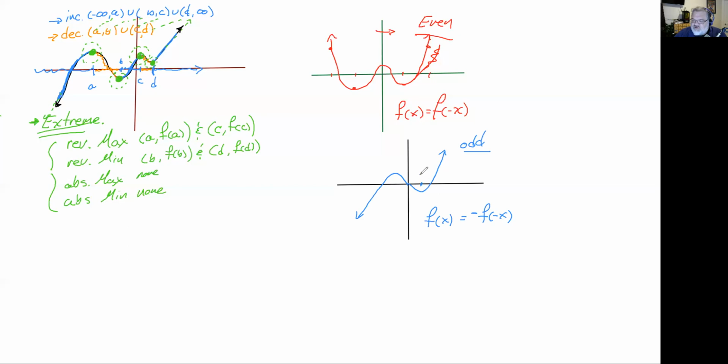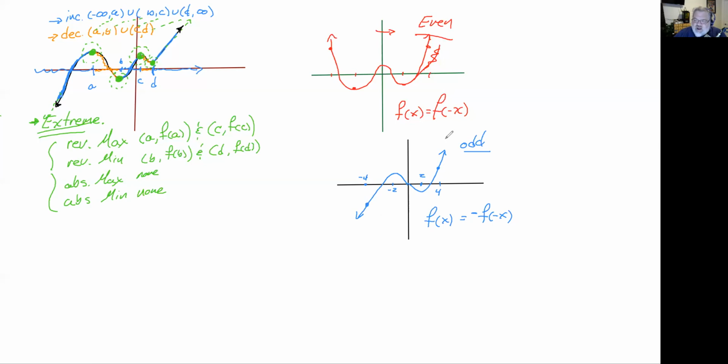So if this was 2, the function evaluated at 2 is going to have the same magnitude as the function evaluated at -2, but it's going to change from negative to positive, or from positive to negative.